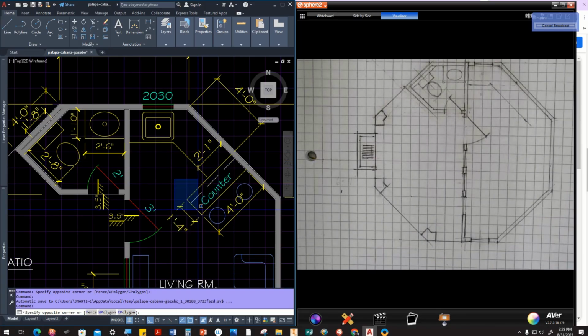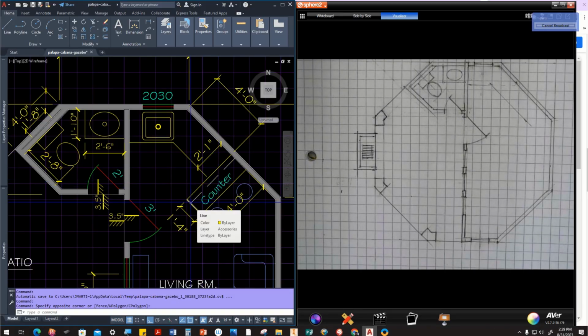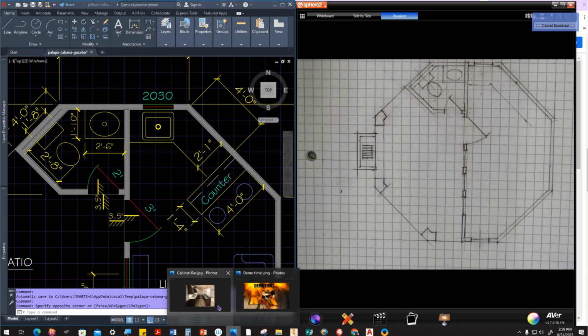Now we have a situation here. The cabinet ends here, and then you have this counter next to the cabinet, and these hidden lines or dashed lines. Can you see that? What does that represent? Let me show you. You have a situation here where the cabinet is below and the counter is above, like this picture.